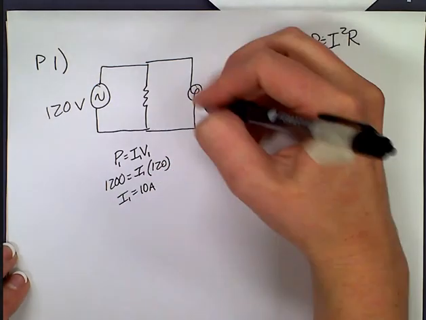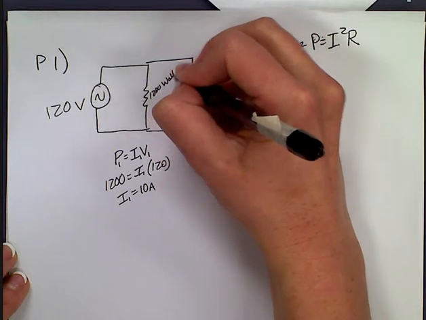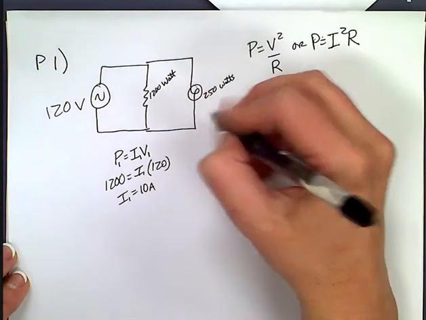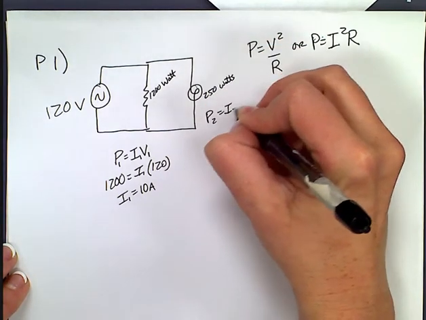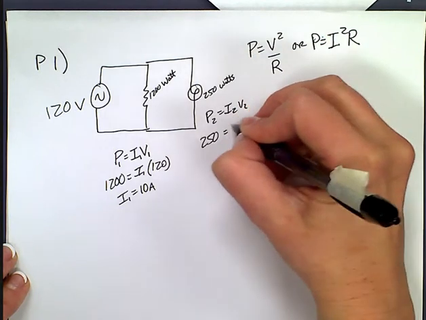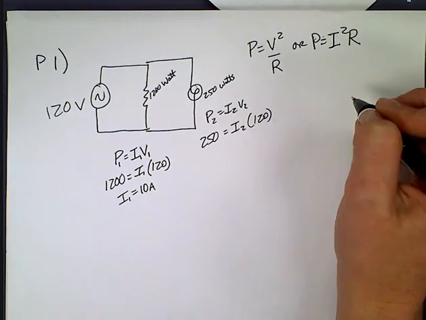And I'll do the same thing here. So this is 1200 watts, 250 watts. So that 250, I'm looking for the current, and that 120, this is parallel, and the 120 is across all of them.